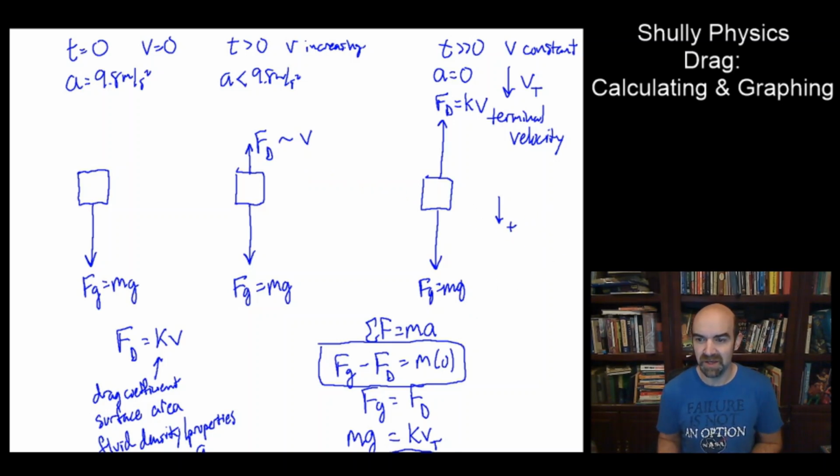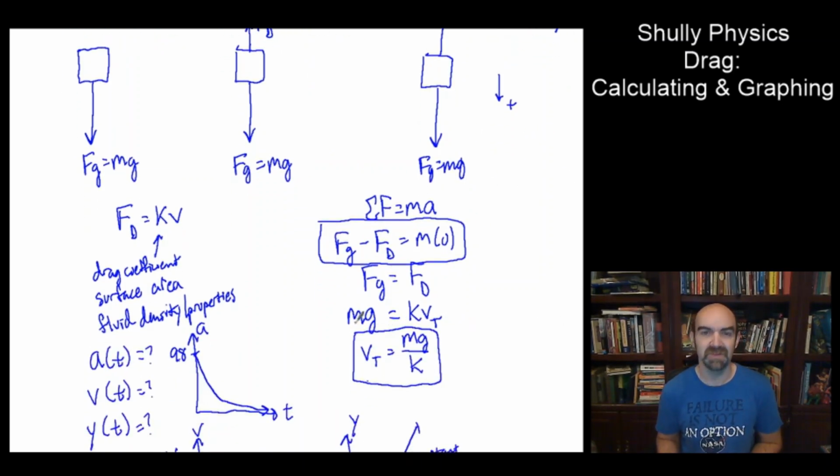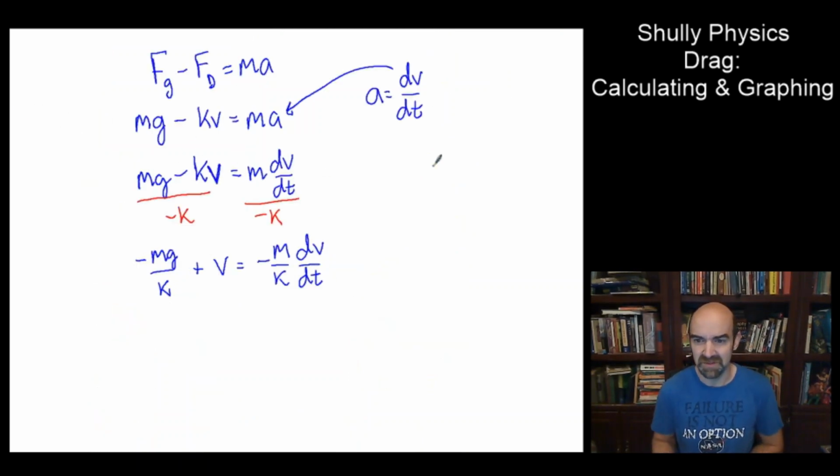mg over k is the terminal velocity. Wow. So terminal velocity becomes a constant towards the end of this fall. I'm just going to jot that up there as a memory: Vt equals mg over the constant k. So mg over k is Vt.